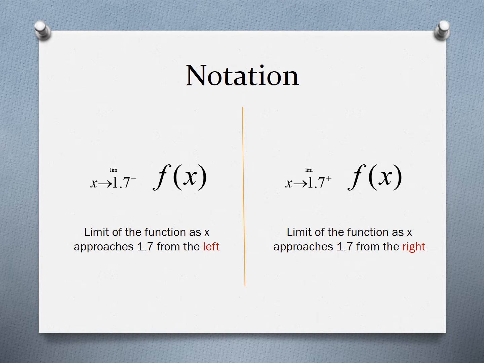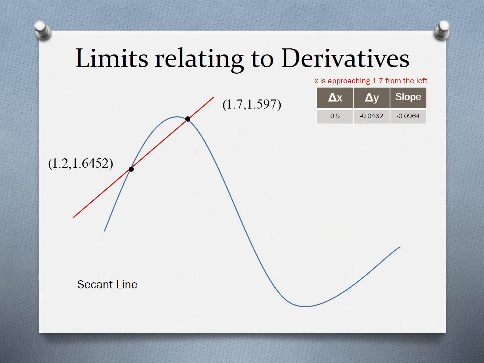So we just took care of the right hand side. You saw graphically how we were able to approach the limit from the right. Let's look at how we approach the limit from the left. Now notice my original point is the same, 1.7, and I'm going to pick some arbitrary point on the left, 1.597, and I'm going to start approaching my original point.